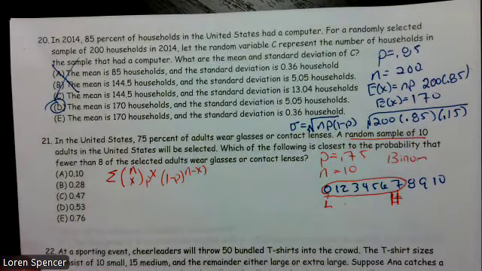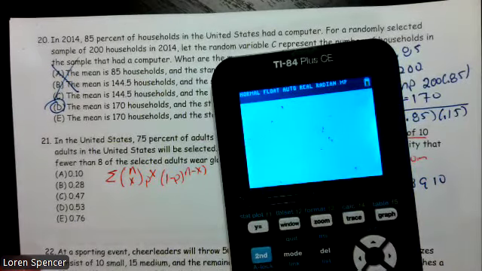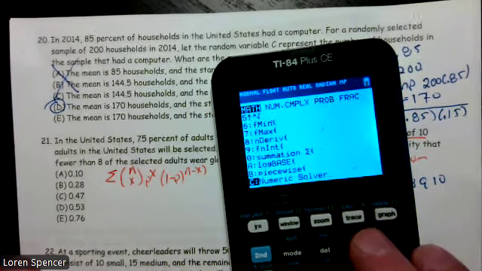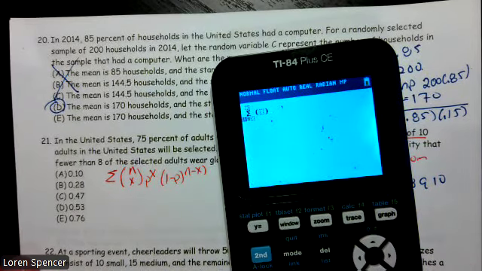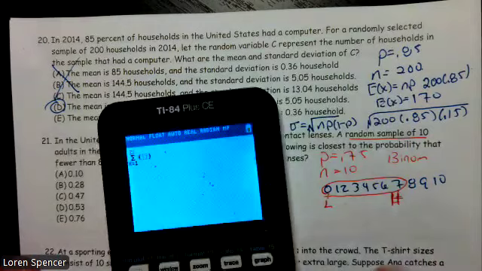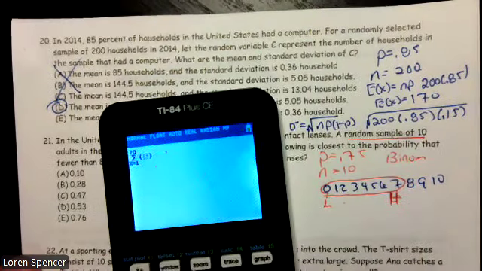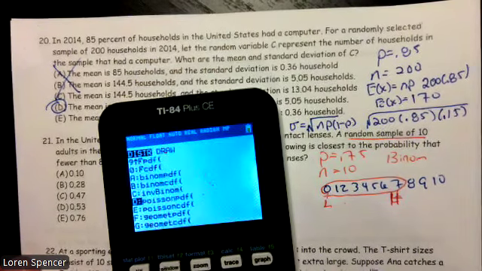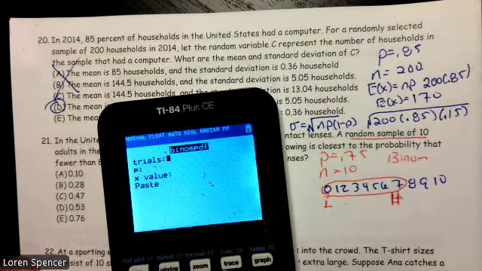So here we go. Calculator. Press math. Drop down to summation. Press X. Low value was 1. High value we had was 7. Second vars, this is a binomial, so we need the binomial PDF.